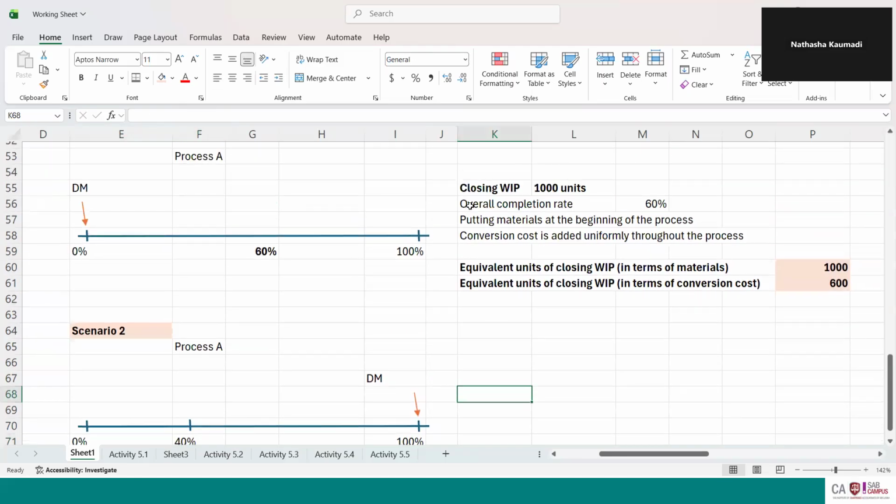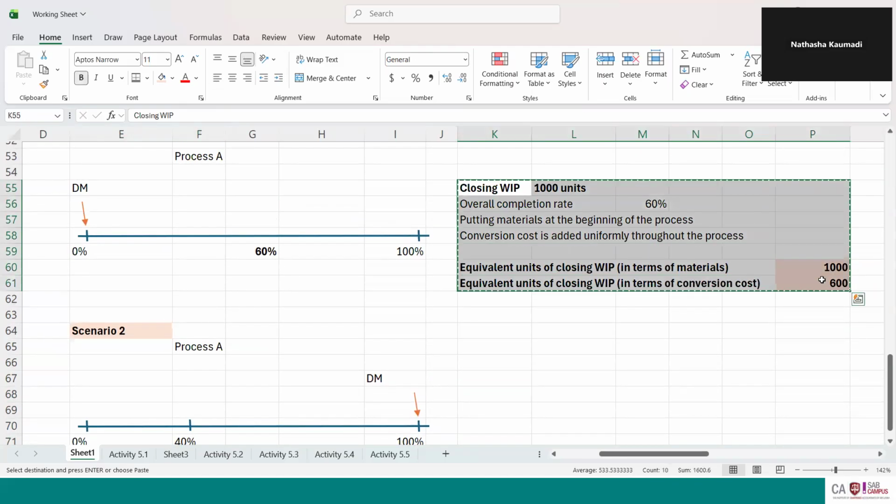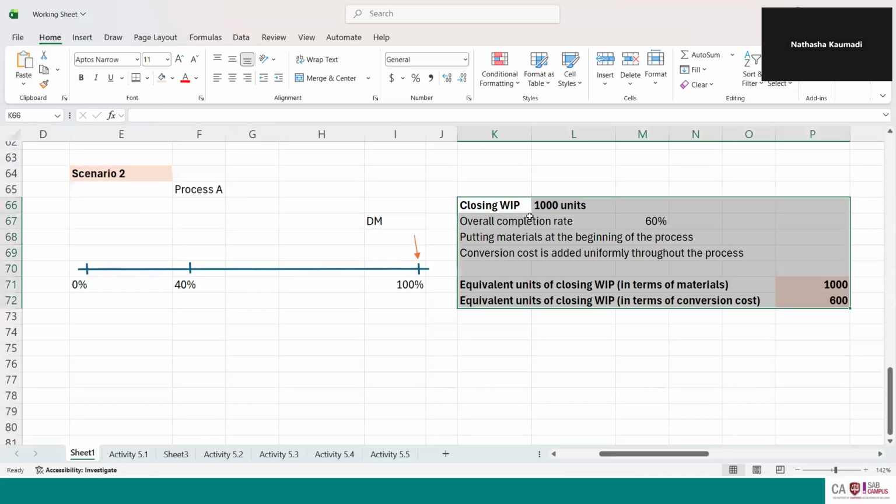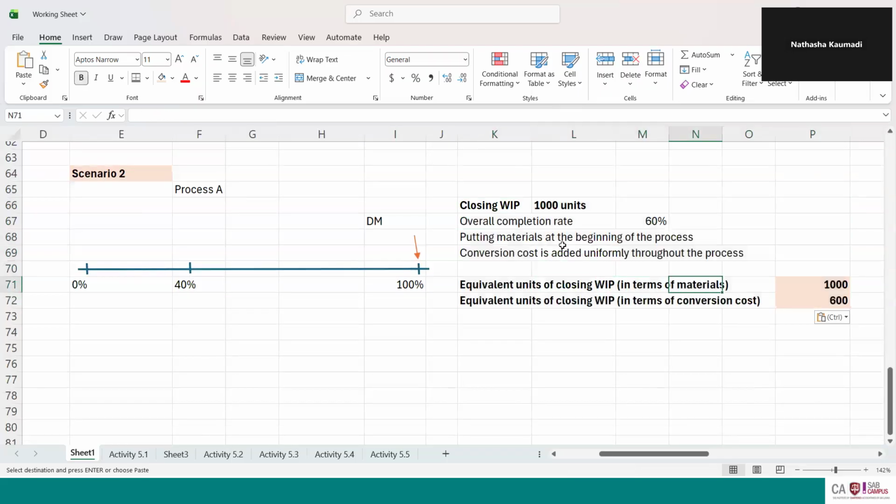I'm giving the same details, answers can be different. Process A. What is the difference? Closing WIP 1,000 units, that doesn't change.